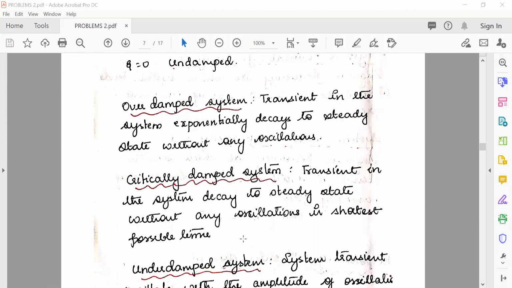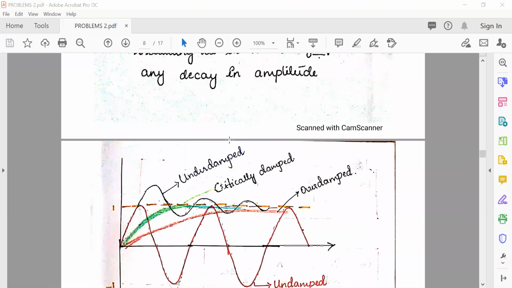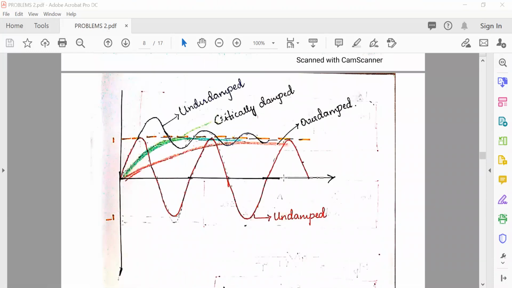In the overdamped system, here if you see, I've written the waveform. This is C of t, and this is t, time.